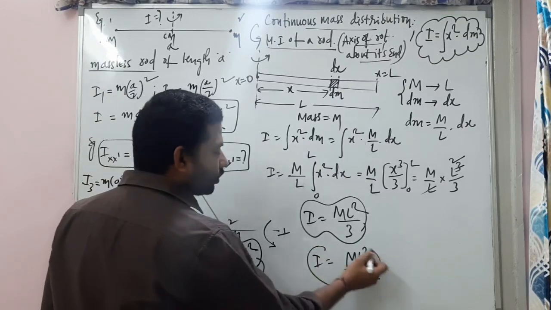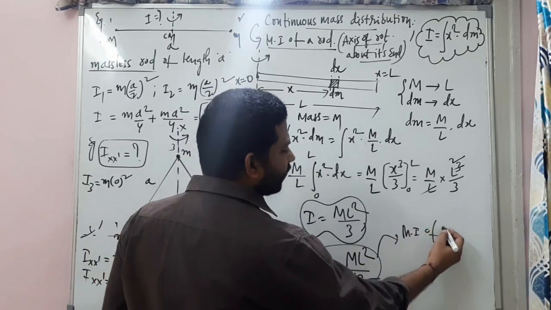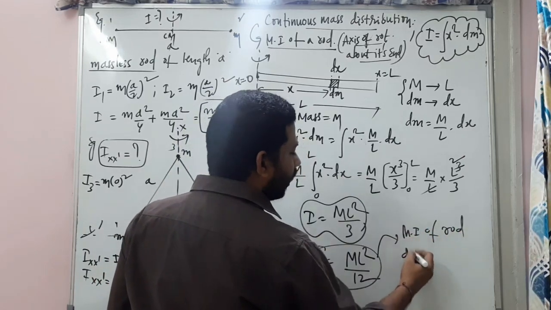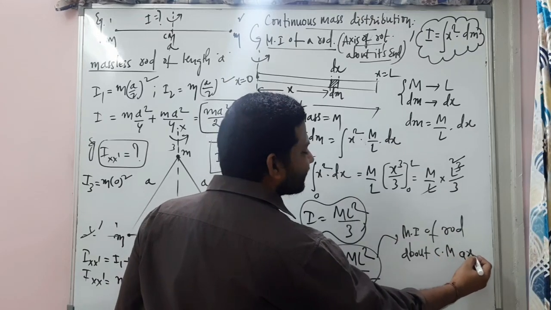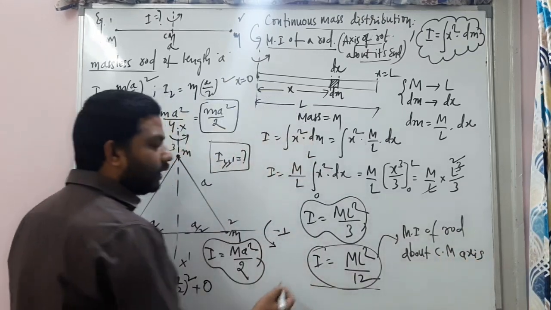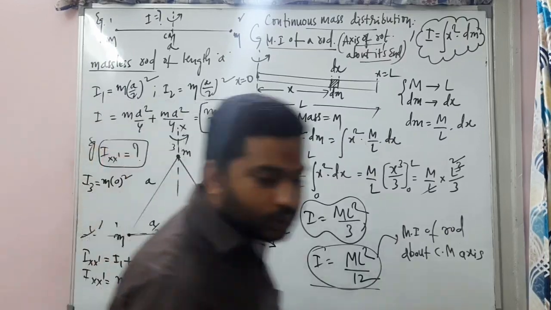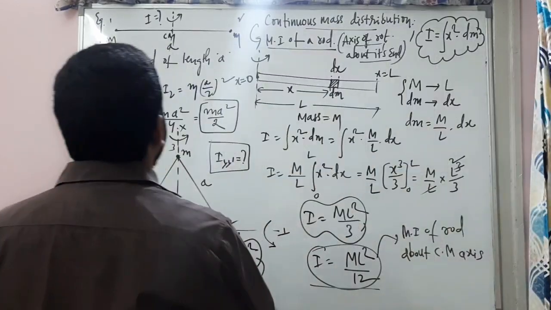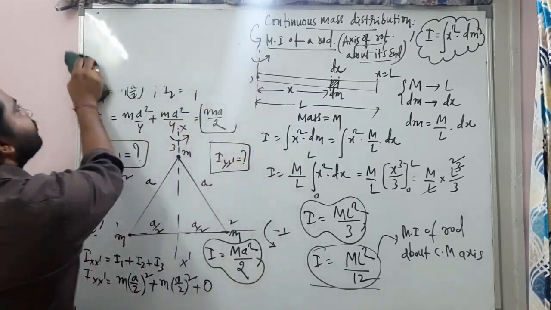Look at here. So this is the moment of inertia of the rod about its center of mass axis. This is mL square by 12, and this we can prove by using a theorem. There is a very important theorem here.